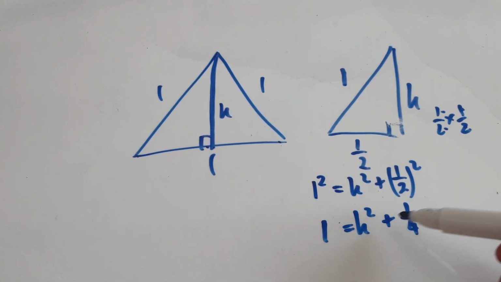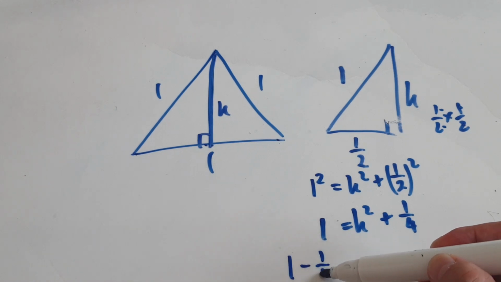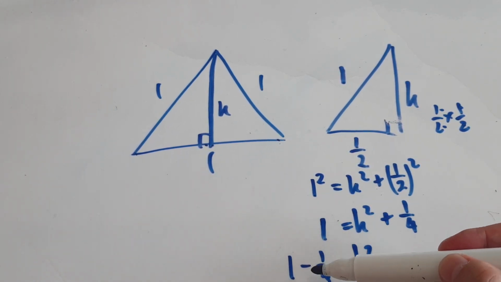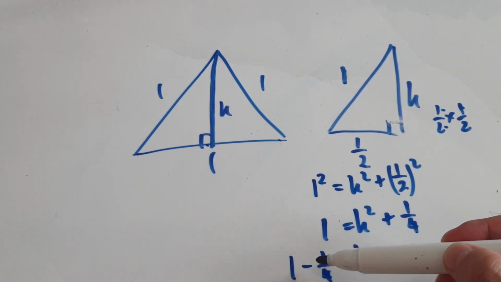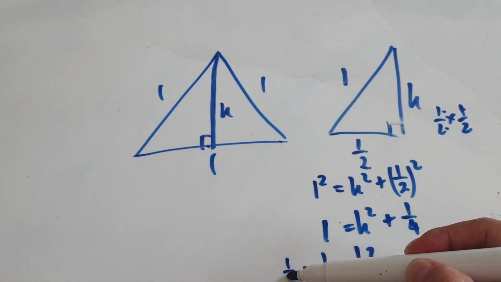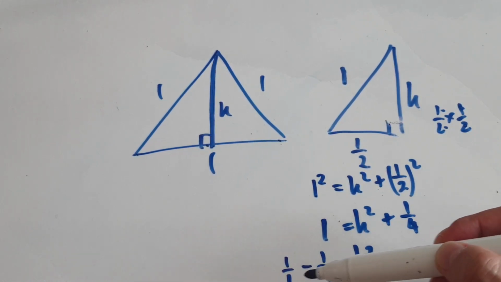So take away a quarter from both sides. 1 take away a quarter equals h squared. So now you've got to get 1 take away a quarter. So turn this into a fraction. In order to add or take away fractions, you've got to get the two denominators to be the same.